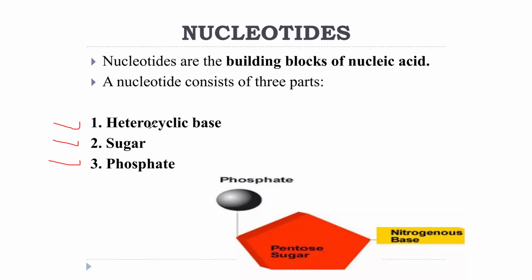Remember in chemistry, when we said heterocyclic compound, it means compounds that have other atoms in the ring, other than carbon and hydrogen. Because we are talking about cyclic, whenever we say cyclic, it means we are talking about compounds that are cyclic in nature.